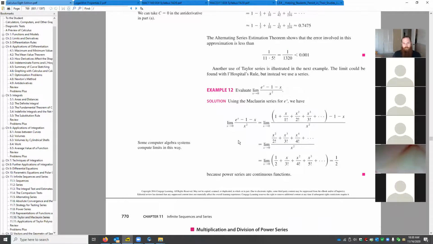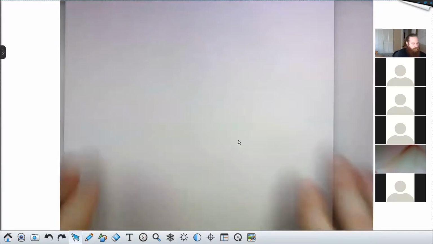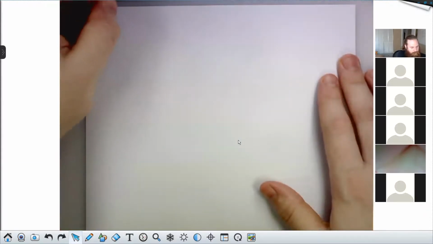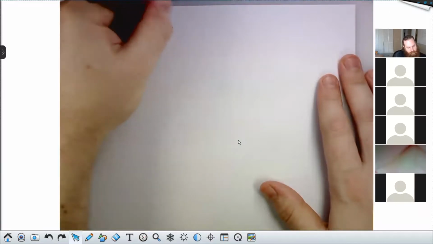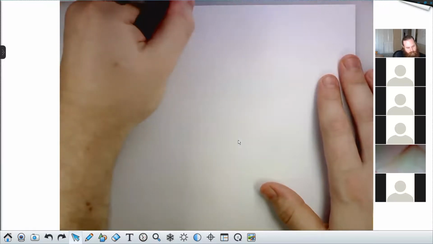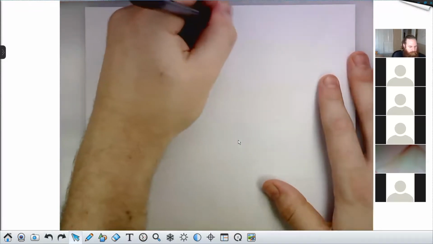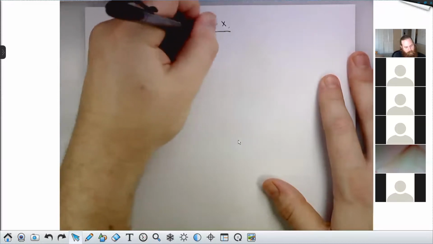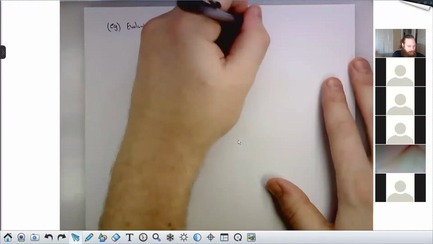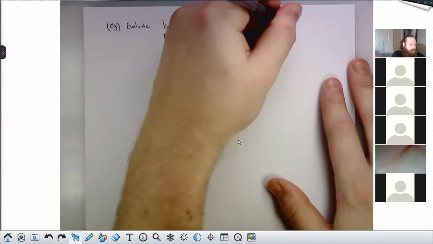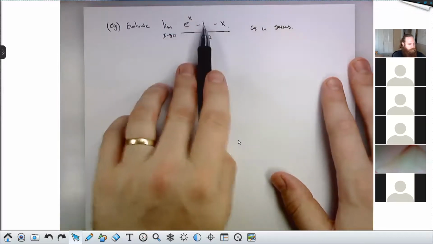Let's do this one. e to the x minus 1 minus x, over x squared. So you see right away, if you try to plug in 0, you'll have e to the 0 minus 1, that's 0, minus 0.